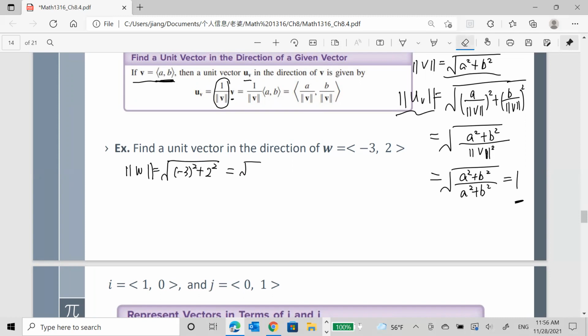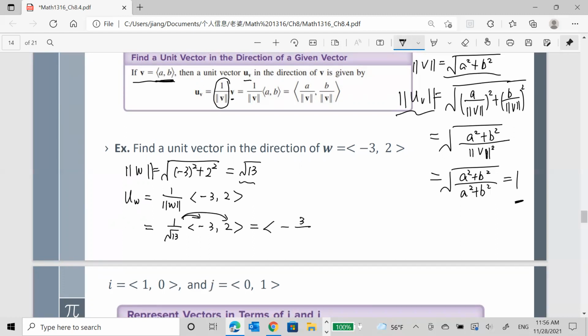Okay, so U sub W equals 1 over the magnitude of W times -3, 2, and plug in the square root of 13, equals 1 over square root of 13 times -3, 2, and we can distribute that. That equals -3 over square root of 13, 2 over square root of 13.